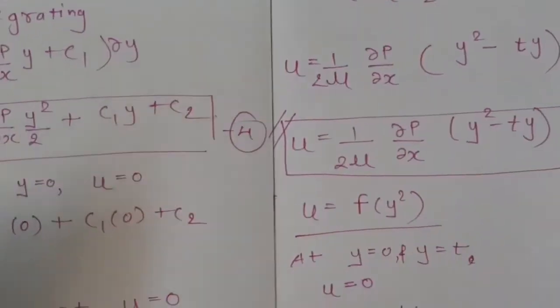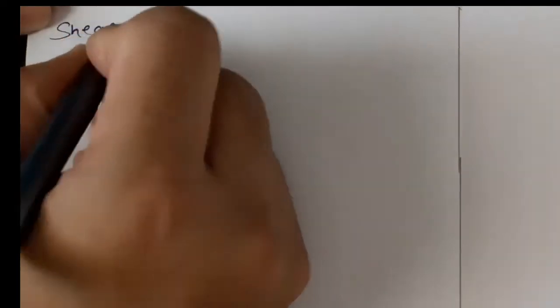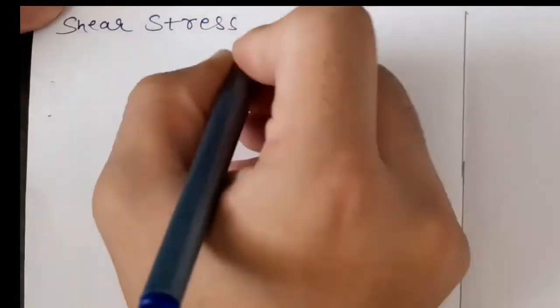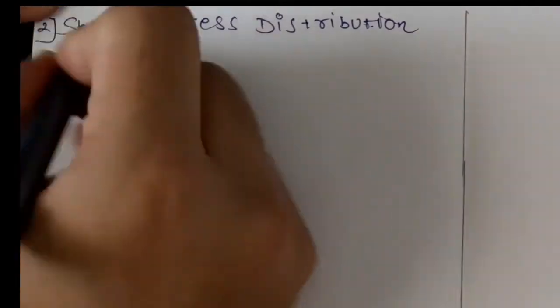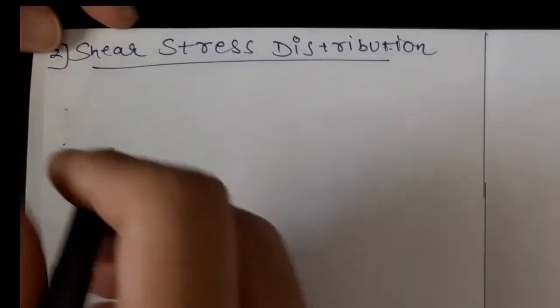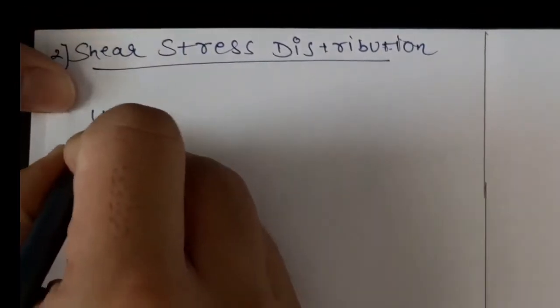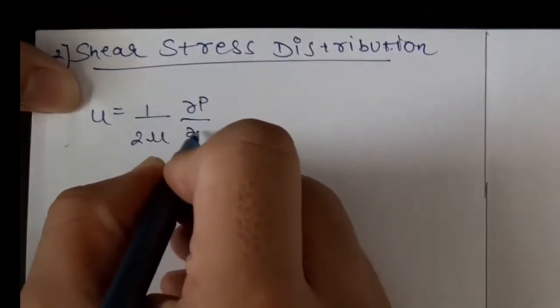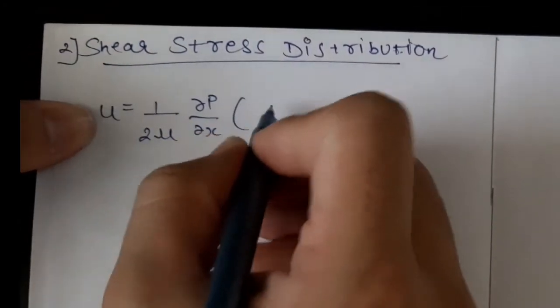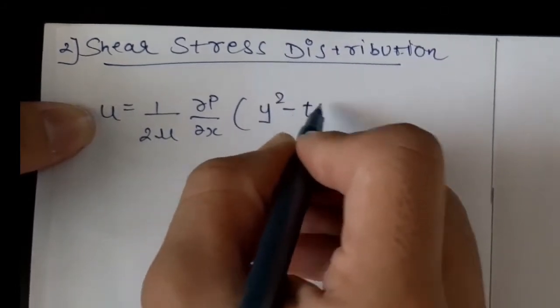Shear stress distribution. Now we have the equation of u, that is 1 upon 2 mu into del p by del x into y square minus t into y.